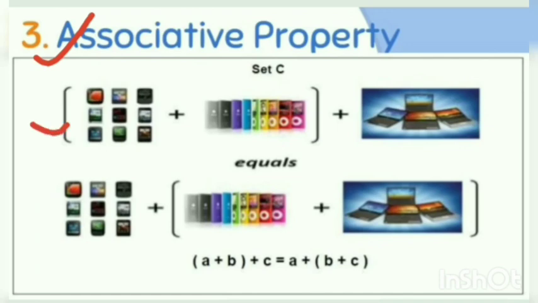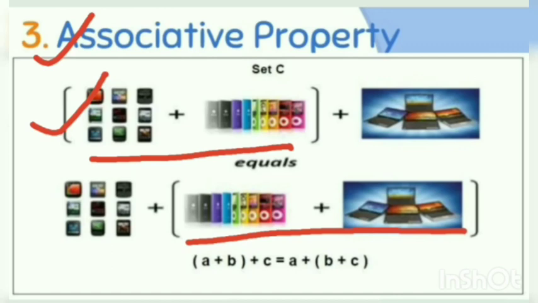See the first figure. In the first figure, we have grouped these two elements, and in the second figure, we have grouped the last two elements. From the figure it is clear that we have changed the group.